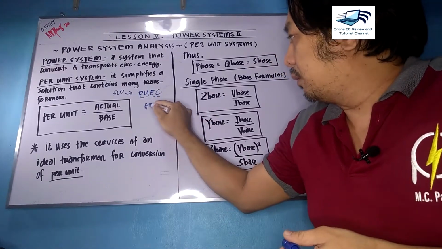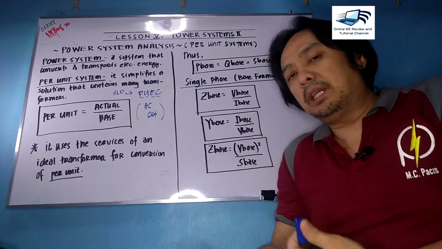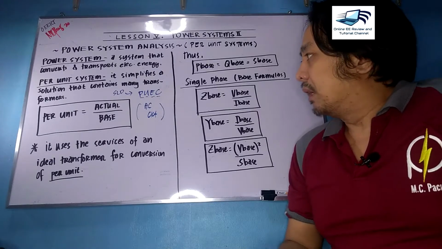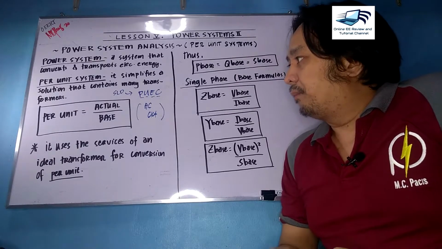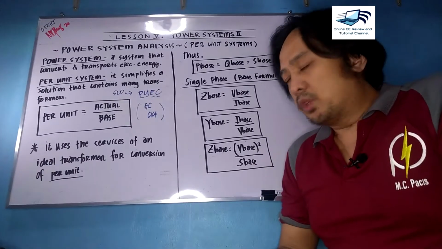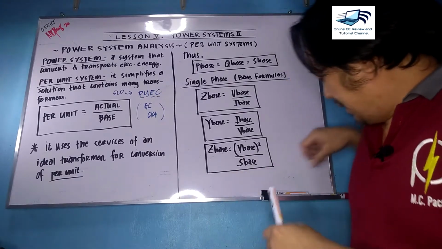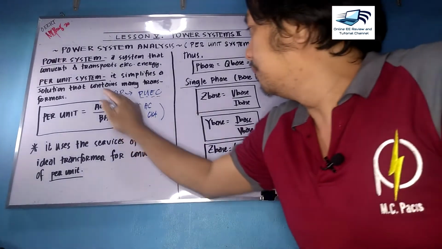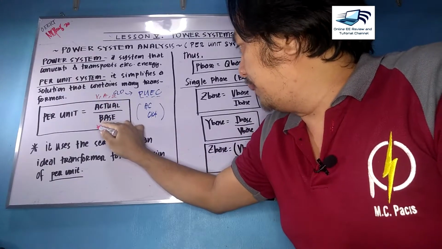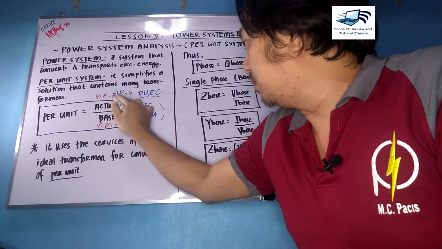This per unit equivalent circuit is the so-called AC circuit, and from the AC circuit, we can solve for the parameters that we require on that single line diagram. So what is the per unit system formula? Per unit is just actual over base. If you have volts, amperes, or ohms, and the base is also volts, amperes, or ohms, they cancel because you divide them.